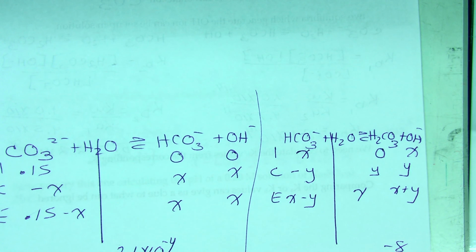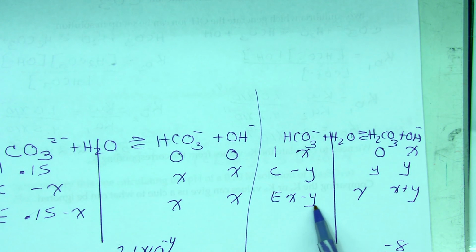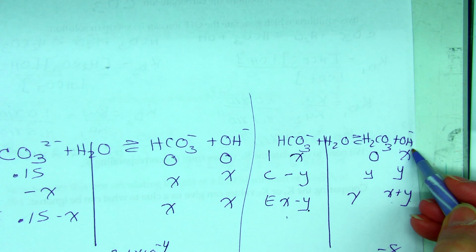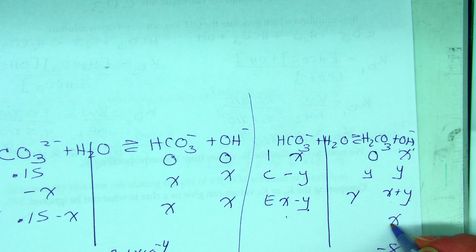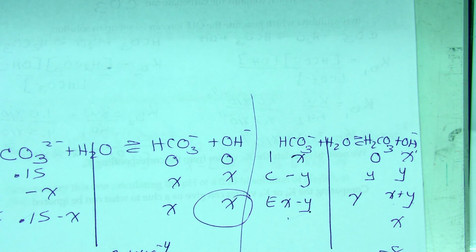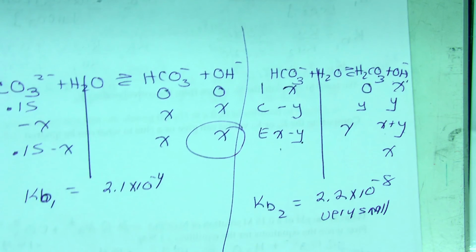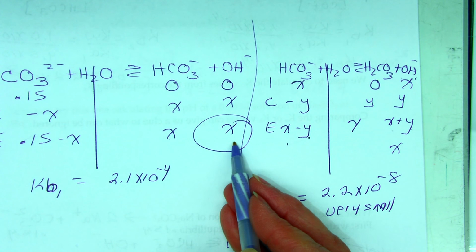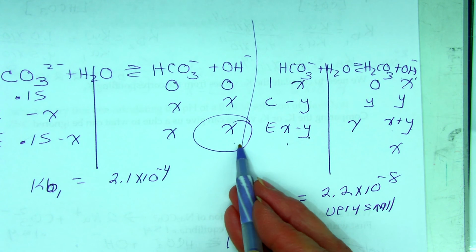This is very small. And since Kb is very small, we can ignore y compared to x. So if I ignore y compared to x, the final hydroxide concentration is x, which I calculated right here. I didn't need to recalculate it because I already had determined my hydroxide within sig figs from the first ionization. Okay, so that's why.